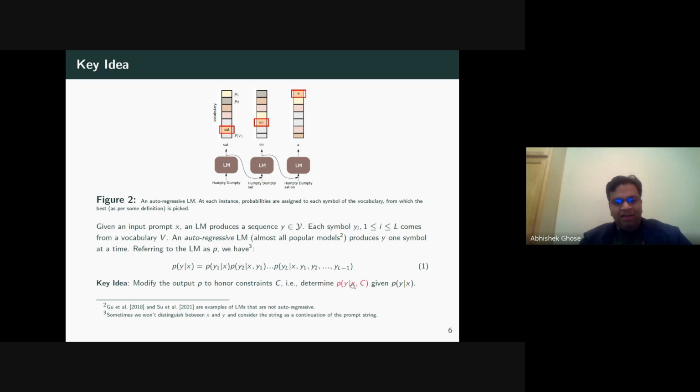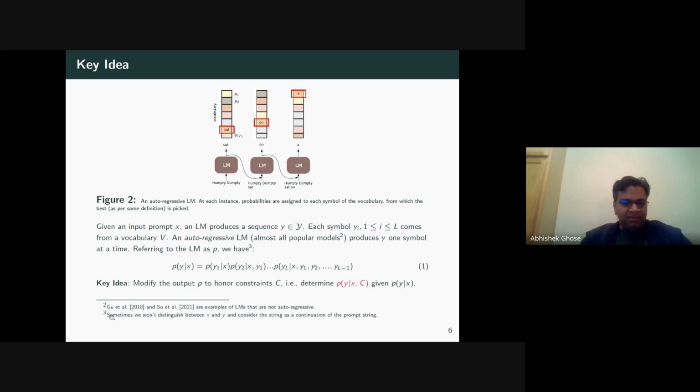That is, in addition to the input, your output should also be conditioned on the constraint that you have fed into the model. Mathematically, at a very high level, this does not give you any details, but this is the problem we are solving. So these are the two views: this is the schematic view, and this is the mathematical view.